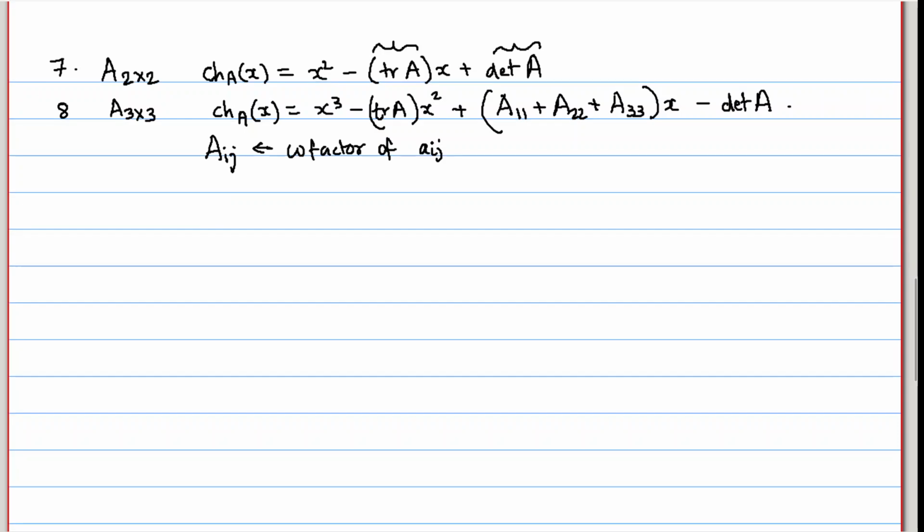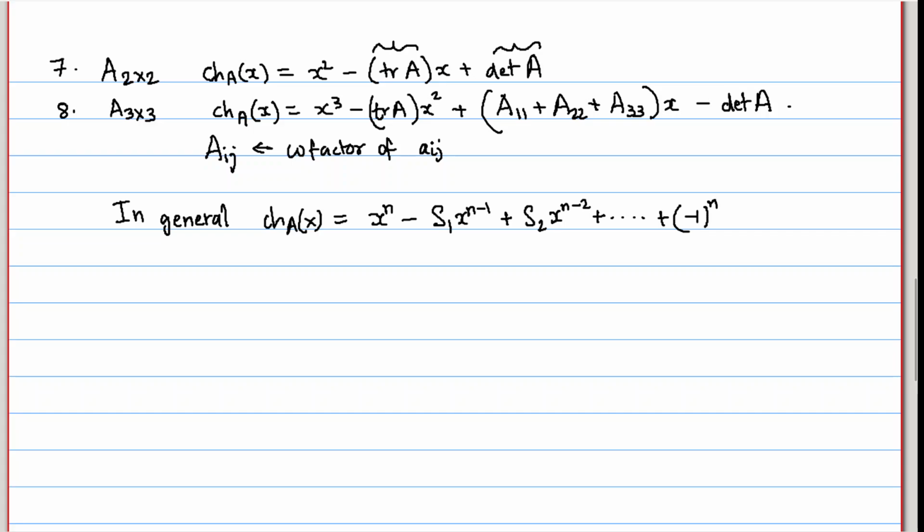So how can we generalize this? In general, the characteristic polynomial of an n by n matrix would start with x to the power n, minus s1 x to the power n minus 1, plus s2 x to the power n minus 2, and so on. The final one would be minus 1 to the power n times sn.